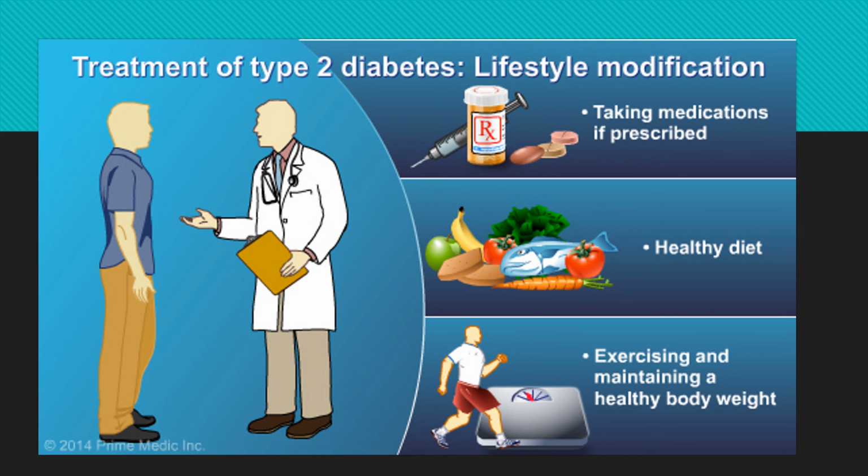So the healthy diet means limiting the sugar almost to nothing, watching how many carbohydrates you're eating, and making sure you're eating a well-rounded diet. Exercising is important to maintain your body weight and to lose weight. Sometimes type 2 diabetes is thought of as being reversible as you lose weight and your body is able to handle the sugar levels in your blood.